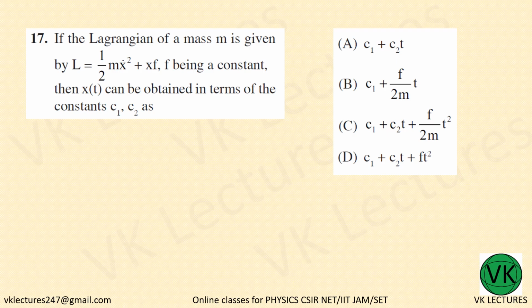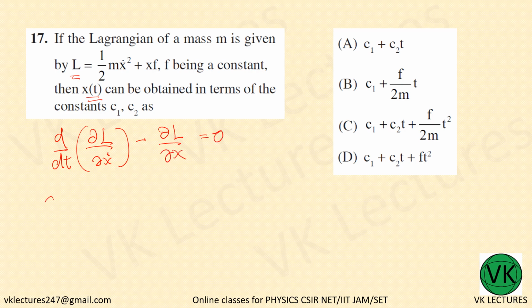If the Lagrangian of a mass m is given by, so the Lagrangian is given, and you are asked to find x. So let us write the Lagrangian equation of motion. Total time derivative of dou L by dou x dot minus dou L by dou x equal to 0.